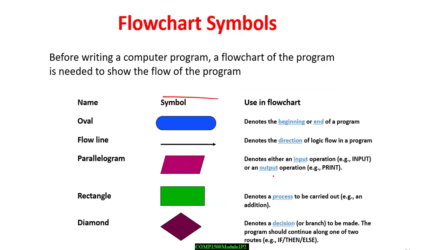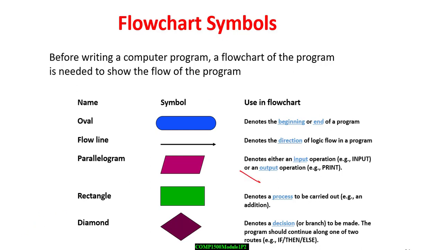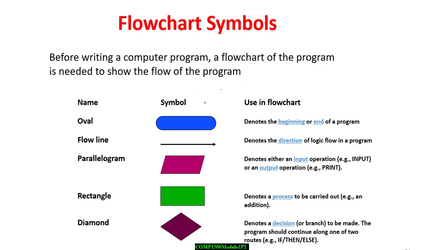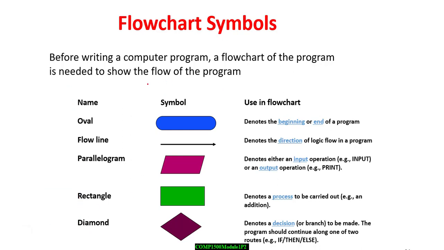So, how do we write a program? This is a full idea of how we write programs. To start writing a program, first you need to create a flowchart. So what's a flowchart? It's like the design of how I am going to solve a problem. A flowchart will consist of symbols.